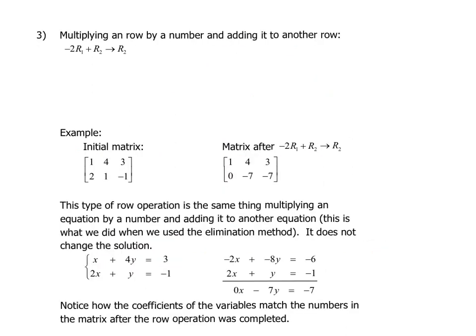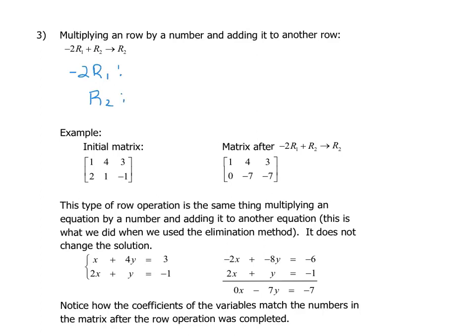Our third type of row operation is slightly more complicated, and what we're doing with this one is multiplying a row by a number and adding it to another row. In our example here, we are taking -2 row 1, and we're going to add that to row 2.